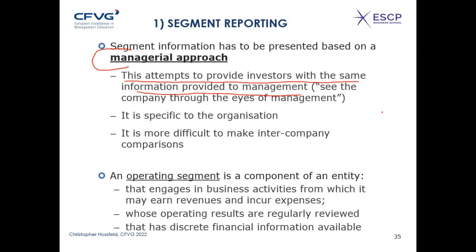Because when the executive board of the company meets and discusses company matters and how activities are doing, obviously they are looking at segment numbers, at detailed numbers. So how do they segment the activity internally? Is it by country? Is it by type of product? Is it by business segments? It doesn't matter; whatever you look at internally, you present the same thing externally in your financial report. Okay.